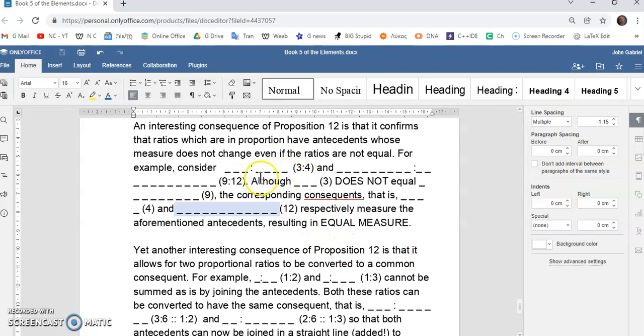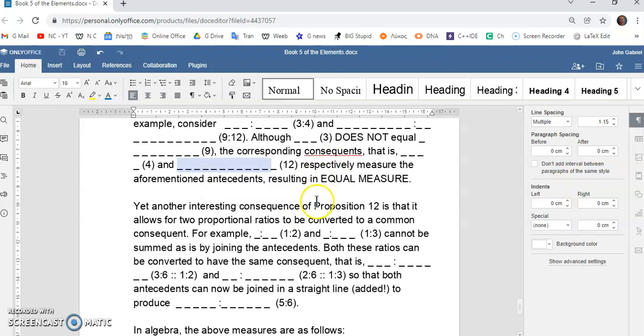In other words, the parts of this consequent measure this line, 3 of them to be exact, and parts of this consequent measure this line, 9 of them to be exact.